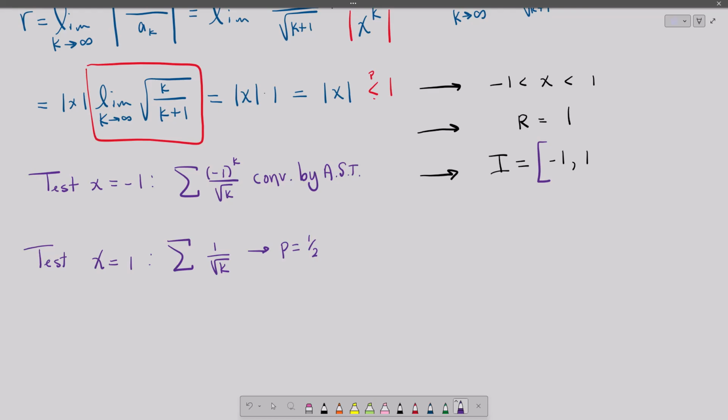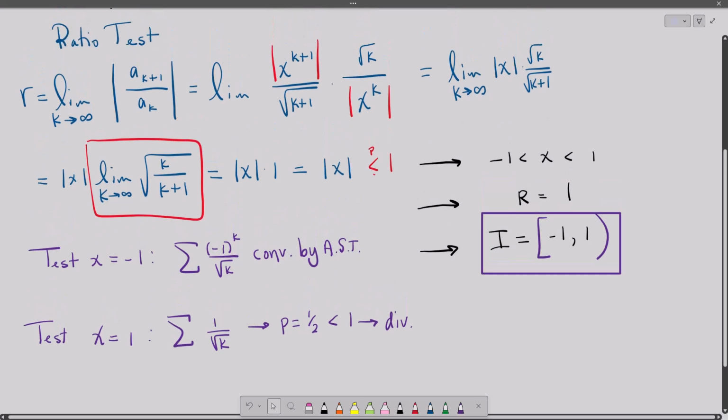Diverge. So this is less than 1, therefore diverge. A P series converges if p is greater than 1. Less than or equal to 1, it diverges. So there we have it. There is our IOC.